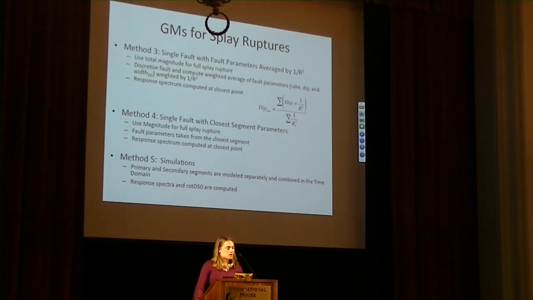In method 5, we have our simulations. As Jeff just described, we compute the simulations for the primary and the secondary rupture using the broadband platform. We combine the synthetics in the time domain, and from that we compute the ROT-D50 response spectra and the ROT-D50 spectra.